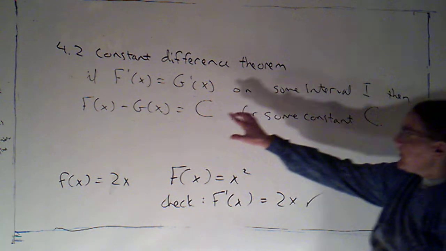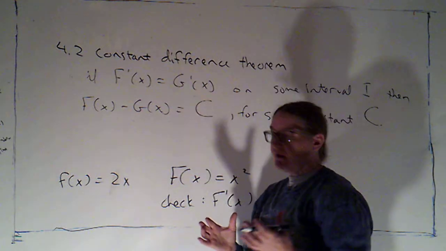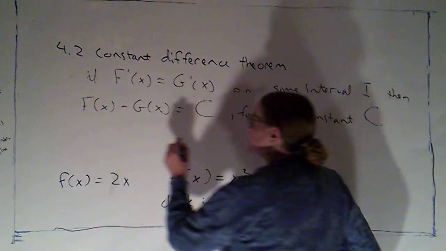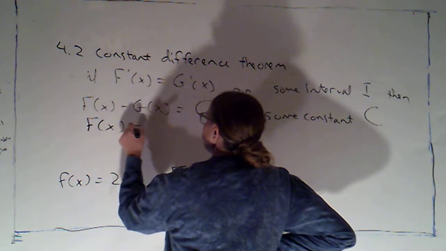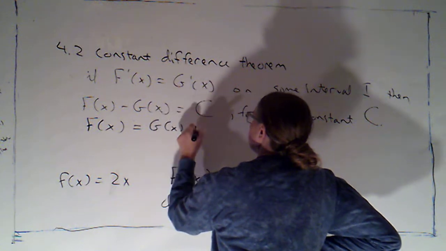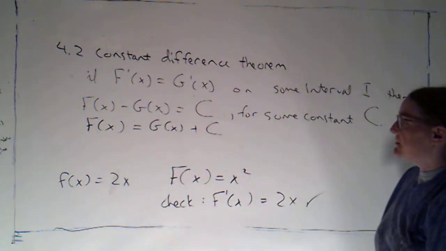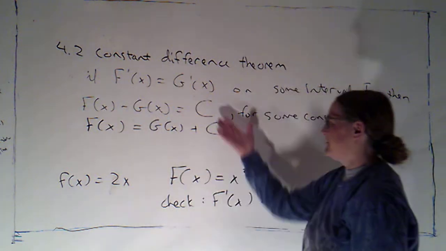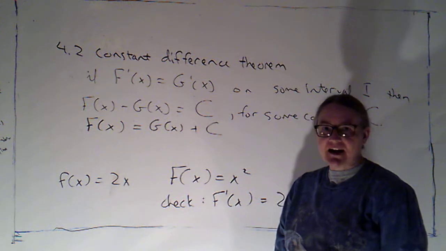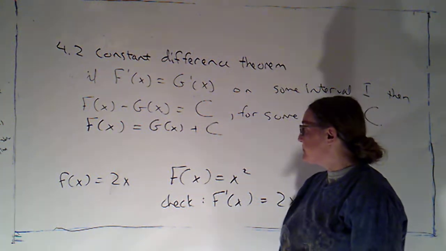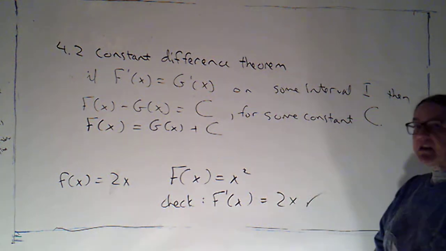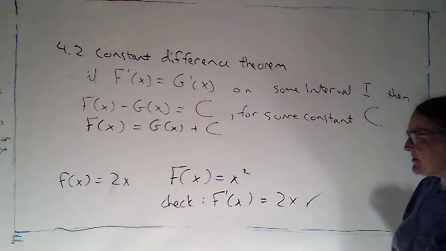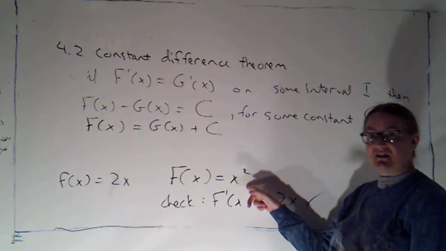So if two functions, f and g, have the same derivative, then they just differ by a constant. Notice this would mean that f of x is equal to g of x plus that constant. Or equivalently, g of x is f of x minus that constant. And of course, since the constant is arbitrary, it could be a positive or a negative number. So if I want to think of another function that has the same derivative as this, I now know what I need to do is just add a constant to this.